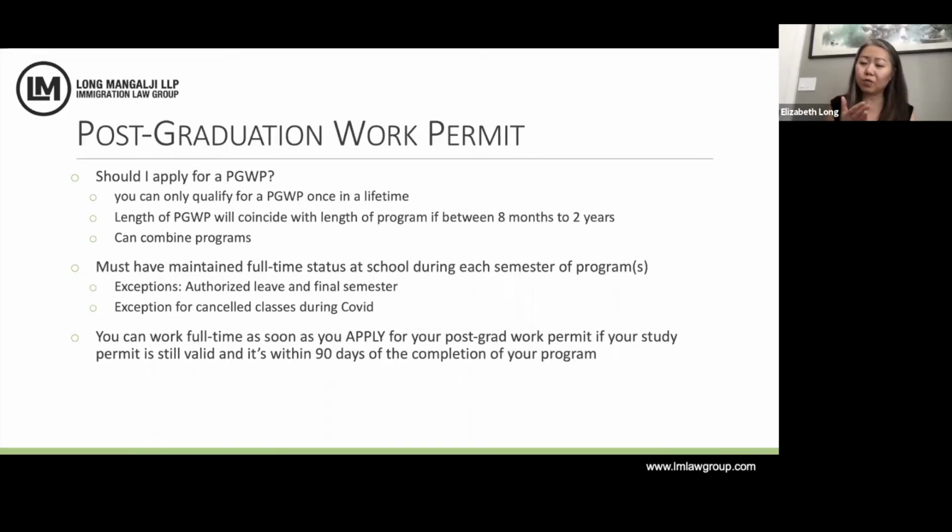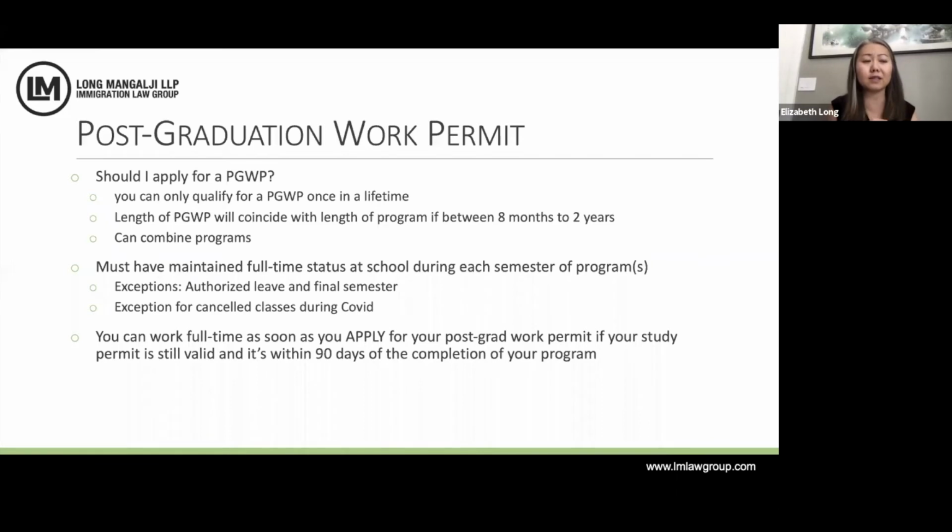And one of the requirements for you to apply for the postgrad is that you have status in Canada. So if you wait until 180 days to apply for your postgrad work permit, it will be rejected. So keep in mind, you should apply within 90 days.